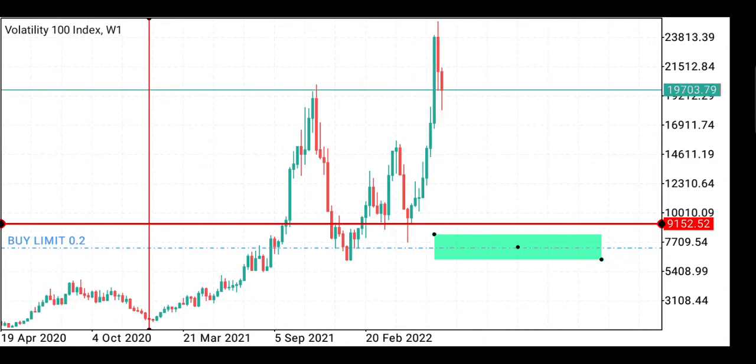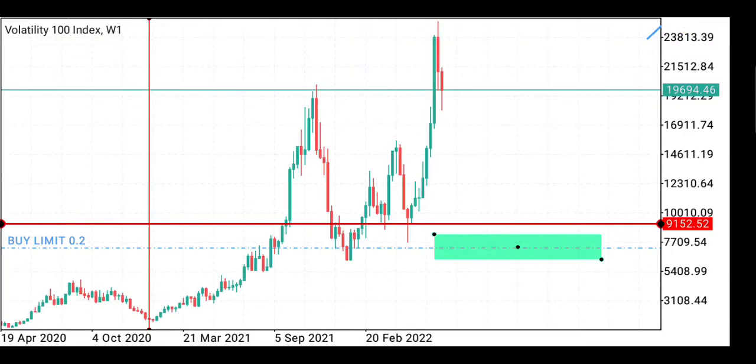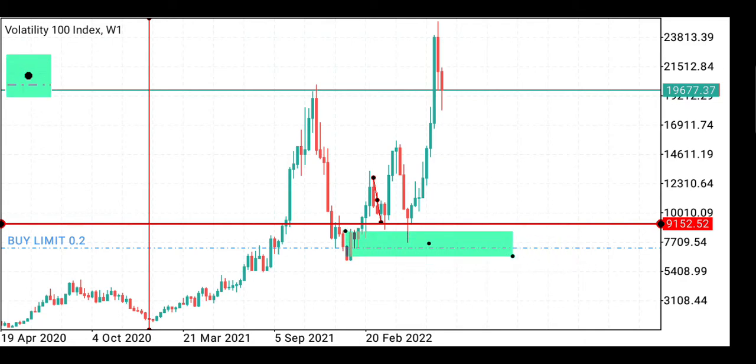When it goes up, normally what we should expect is that after the institutions place their buy orders inside this bullish candle, price would automatically trade up. When it trades up, the next thing we should expect is that price would come back into that area, or into that candle.